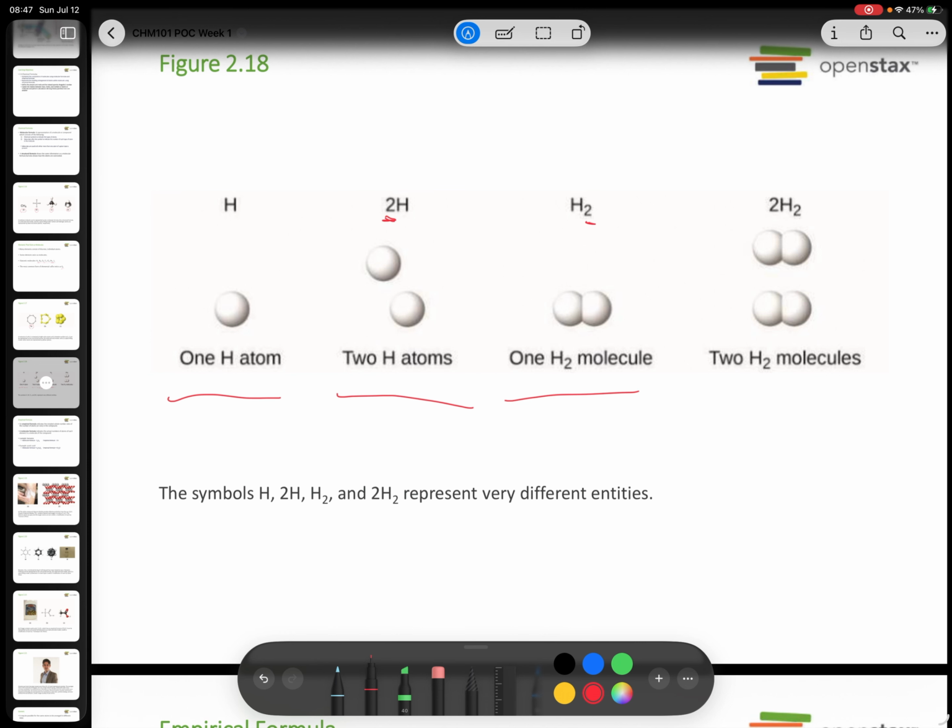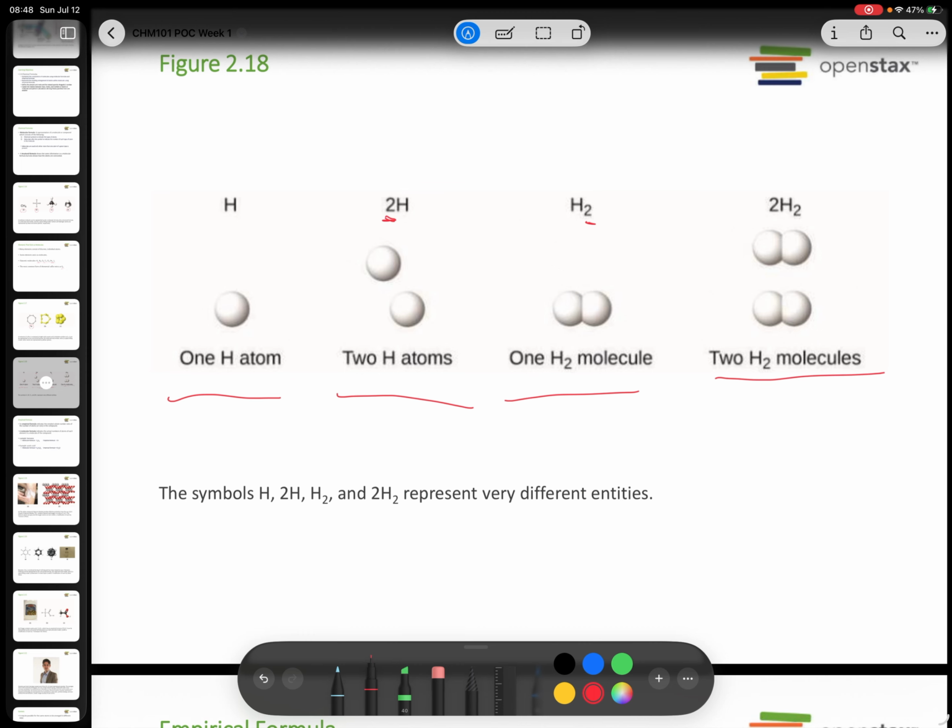Okay? The last one is 2H2, meaning two hydrogen molecules, each with bonded atoms, but there are two instances of it, which means 4 hydrogen atoms total. Okay?